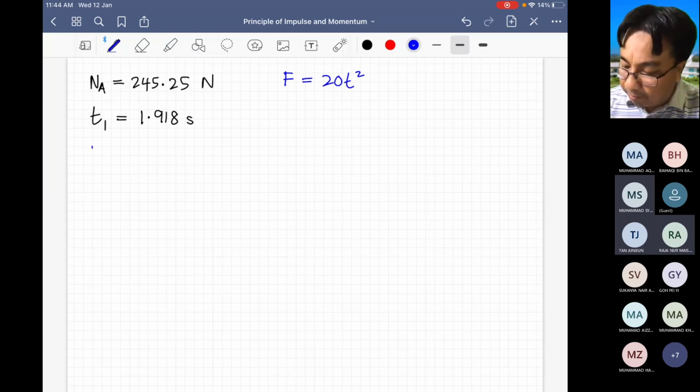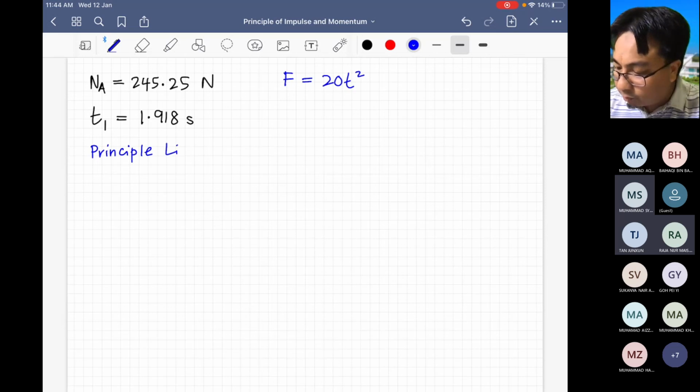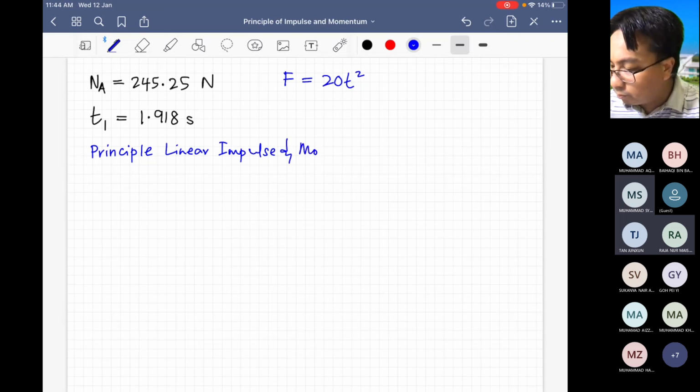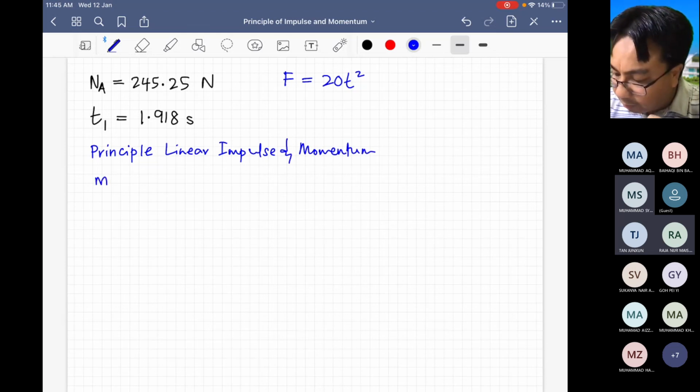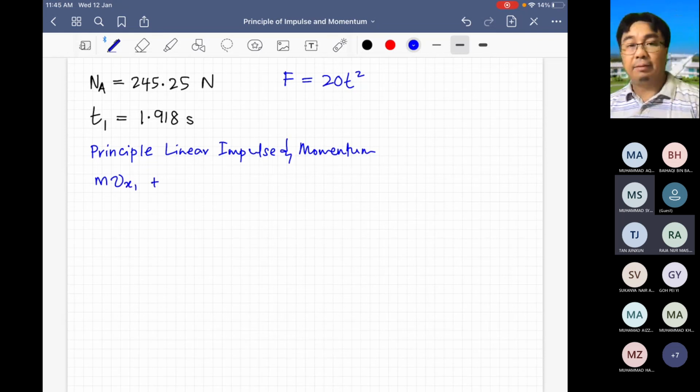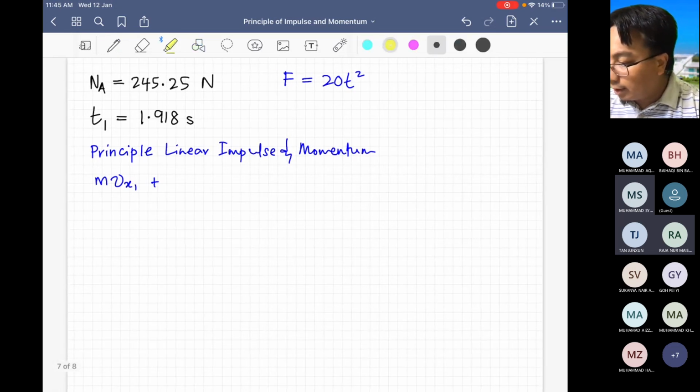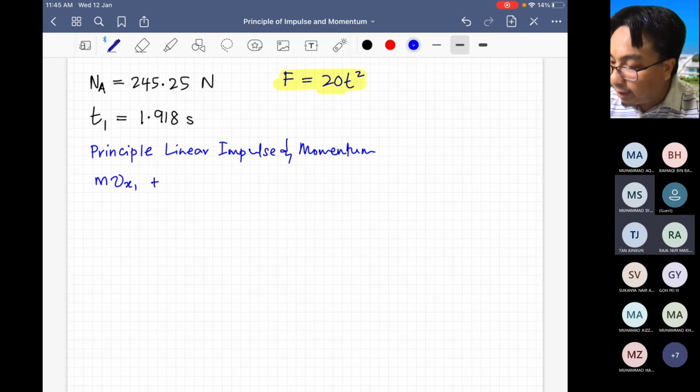So when we apply the principle of linear impulse and momentum, in the x-axis it is m vx1 plus, because it is a variable force here, we have to use integration.